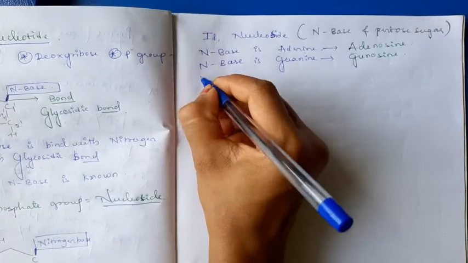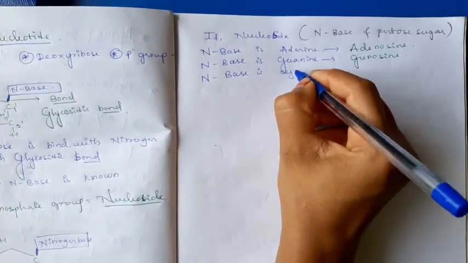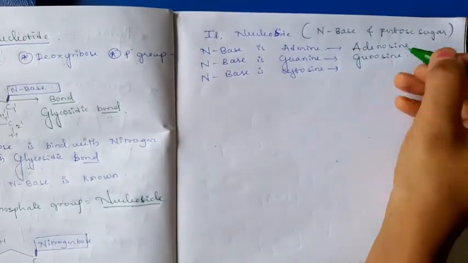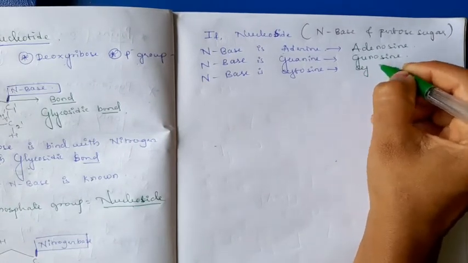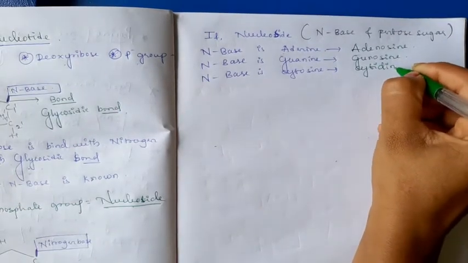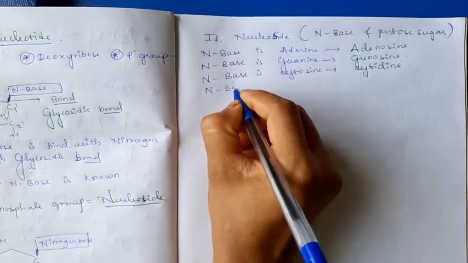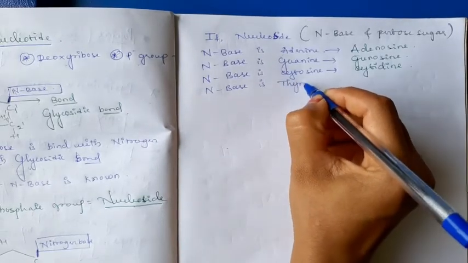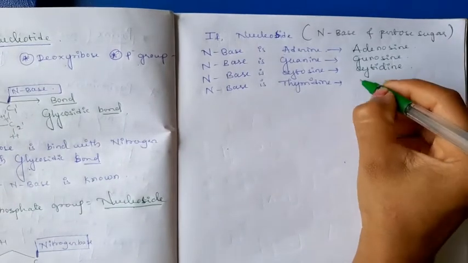Same thing, the nitrogen base is cytosine, the nucleoside of the cytosine is cytidine. Okay, the last nitrogen base is thymine. The name is called thymidine.